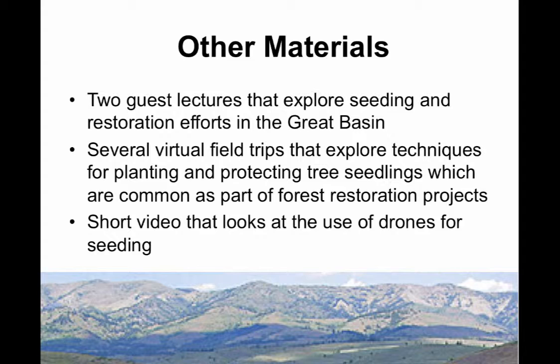There are several companies now that are using these, and they're basically using larger drones to very quickly seed areas that are in remote parts, both in terms of tropical systems as well as here in the Pacific Northwest.